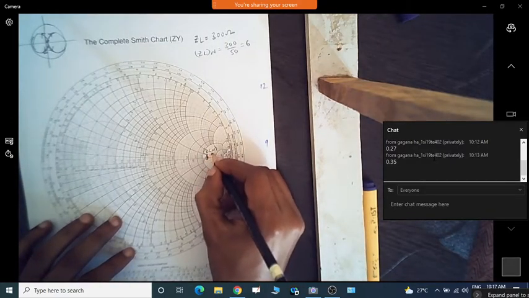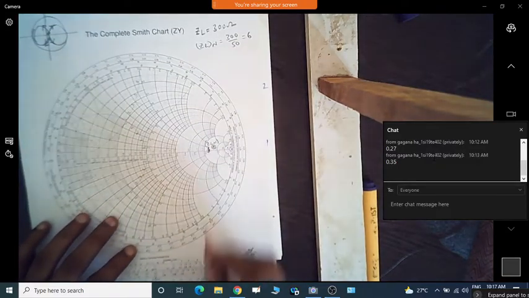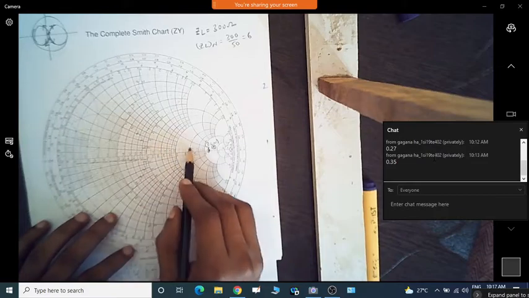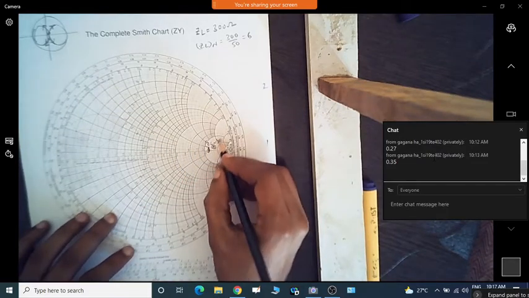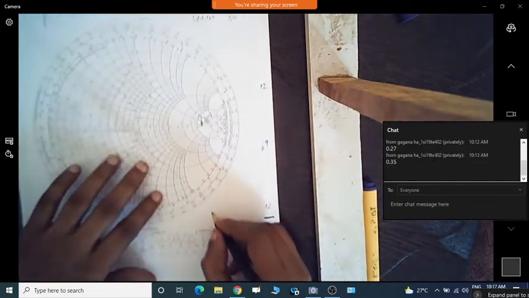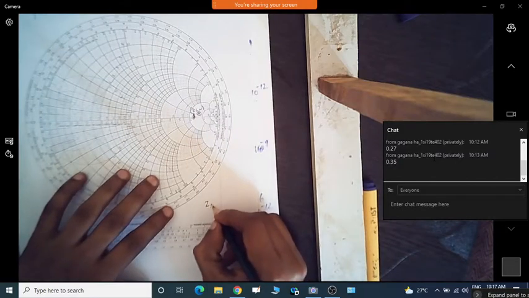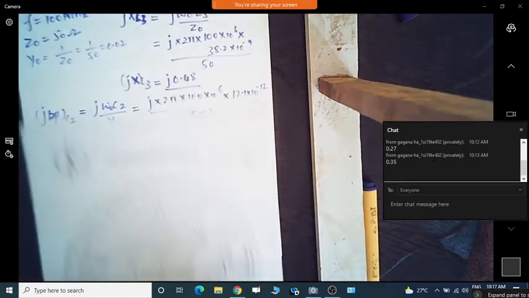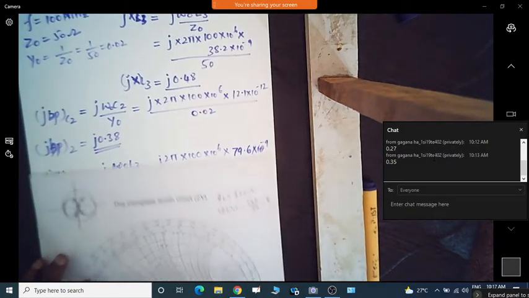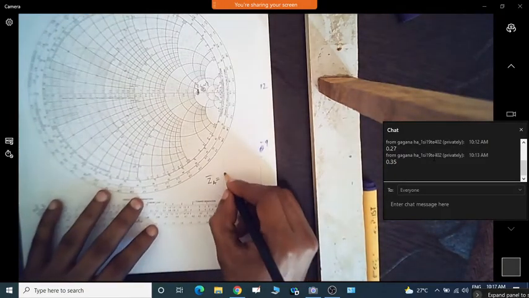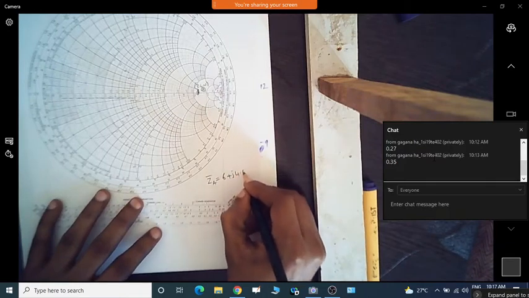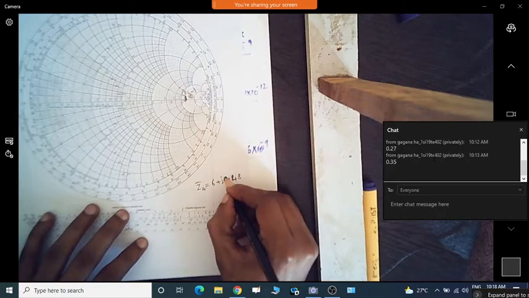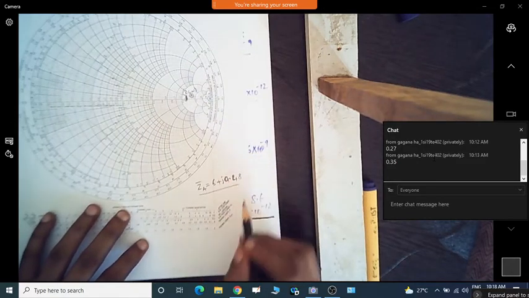The point is A. The normalized impedance at point A is equal to 6 plus j0.48. Okay, so this is the value we are going to get at point A.